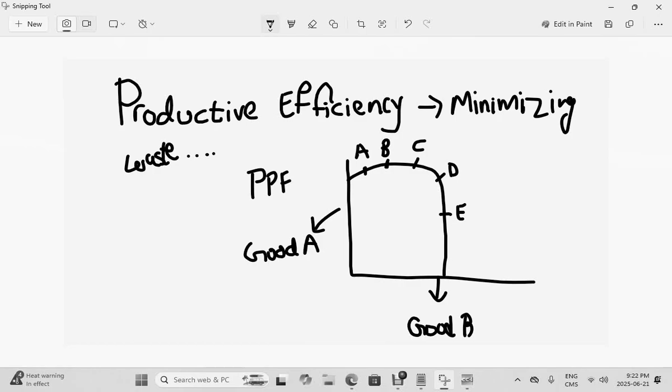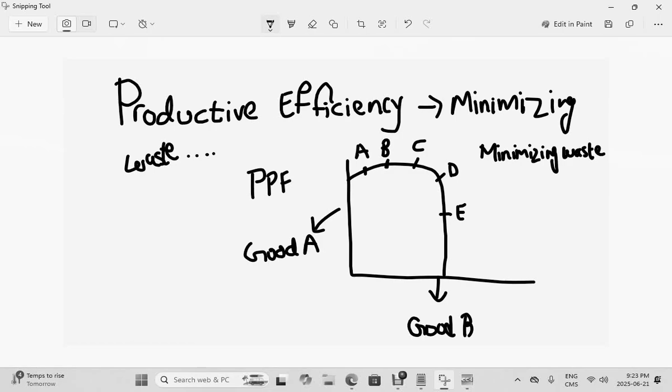Because as you allocate more resources and materials towards good B, you're not wasting any of those resources, because you know that you're going to need all those resources that you're allocating away from good A to produce good B. And that's called minimizing waste. Hence all these points over here, A, B, C, D, E, are productively efficient.